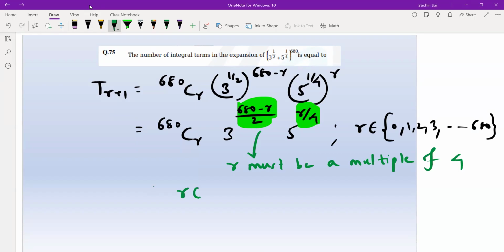R can be either 0, 4, 8, and so on up to 680. So you just need to count how many such values of R are there. And as you can see, all of them form an AP. So it will be quite easy to find the number of terms in this AP, where the first term is 0, common difference is 4, and the nth term is 680, because 680 is also divisible by 4.